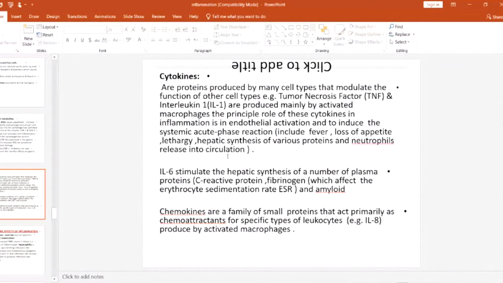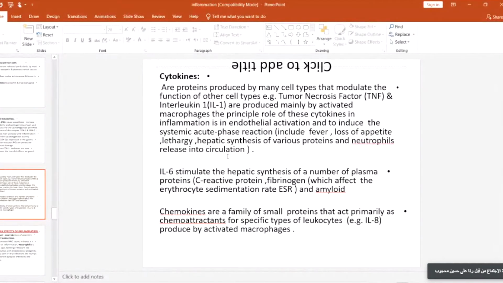So, the tumor necrotic factor and interleukin 1, which are produced by inflammatory cells, mainly macrophages, are important for the acute phase reaction. It indicates that during acute illness, the patient will feel fever, pain, loss of appetite, lethargy, and so on.